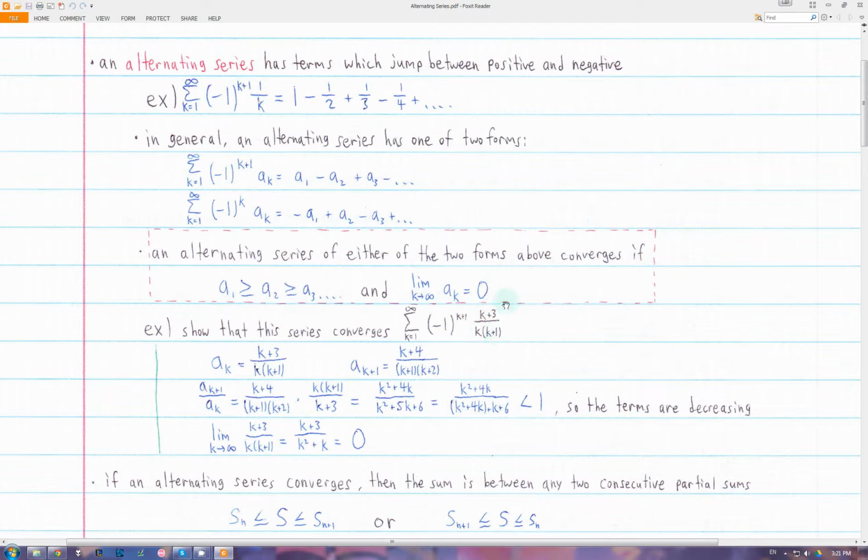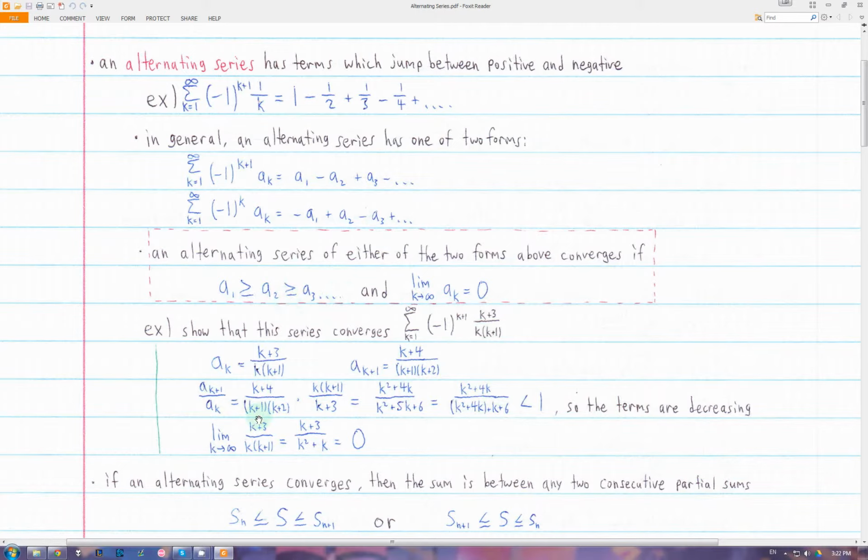But if you wanted to prove that, then you could take the ratio of consecutive terms, a of k plus 1 over a of k. And you'd find that the ratio is always less than 1. So this proves that the terms are decreasing as n goes up. So that's the first condition of the test.